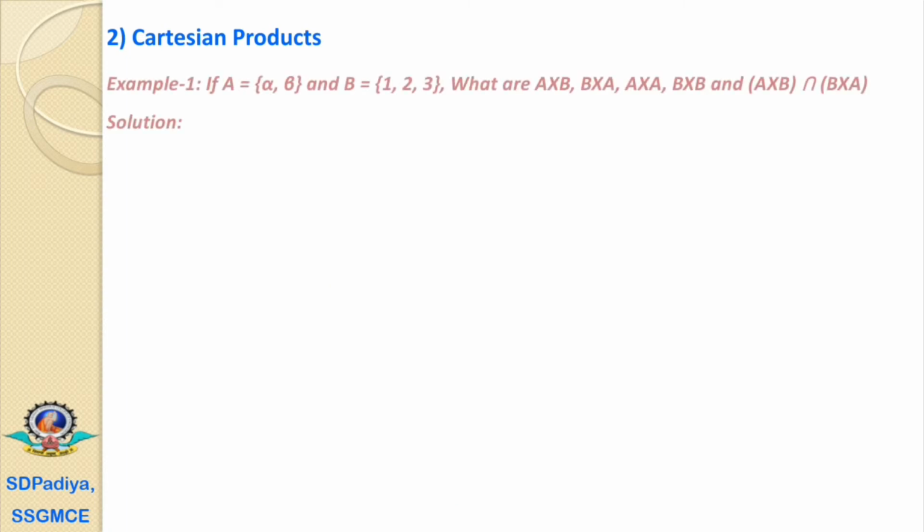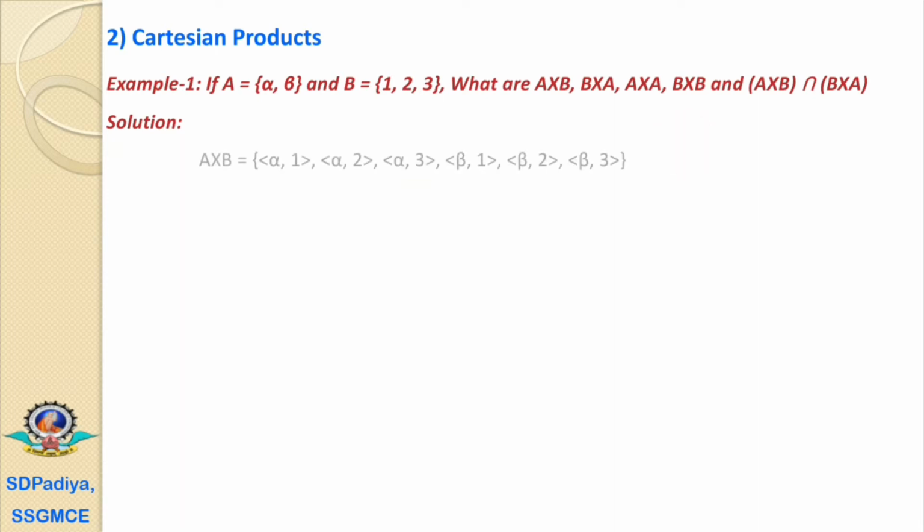Let's take an example. If A is a set of two elements alpha, beta and B is a set of three elements 1, 2, 3, then what are the Cartesian products of A cross B, B cross A, A cross A, B cross B, and the intersection of the Cartesian product of A and B with the Cartesian product of B and A?